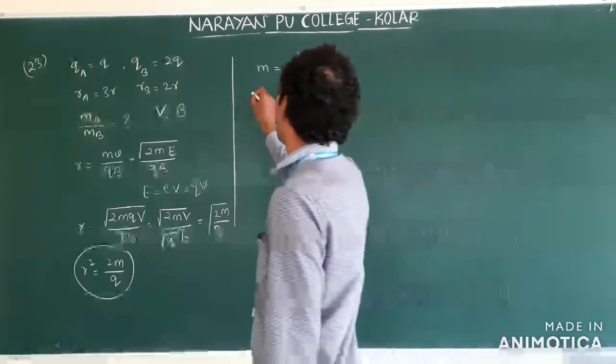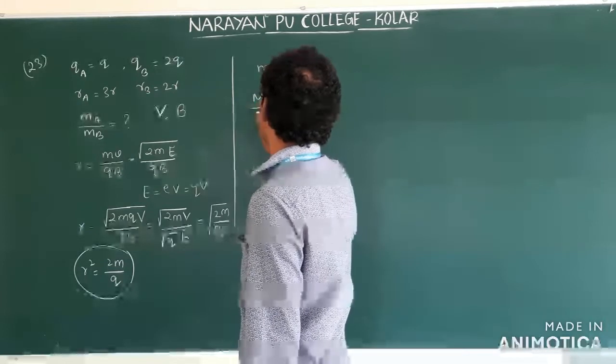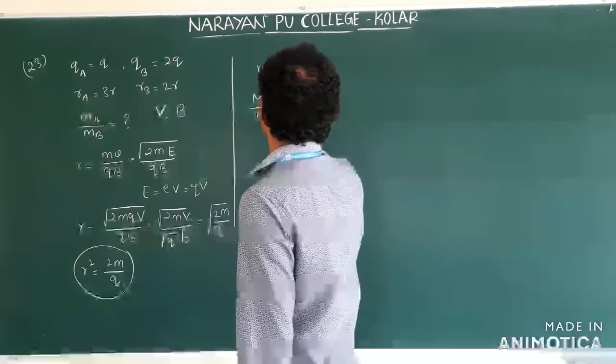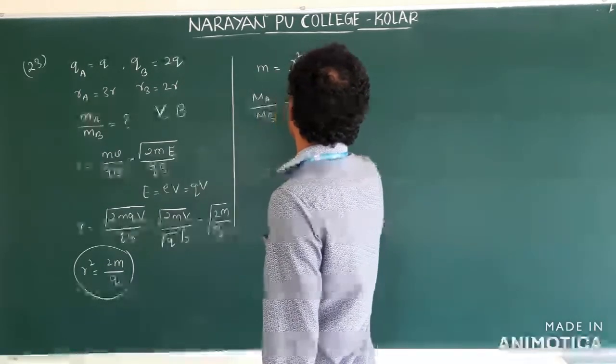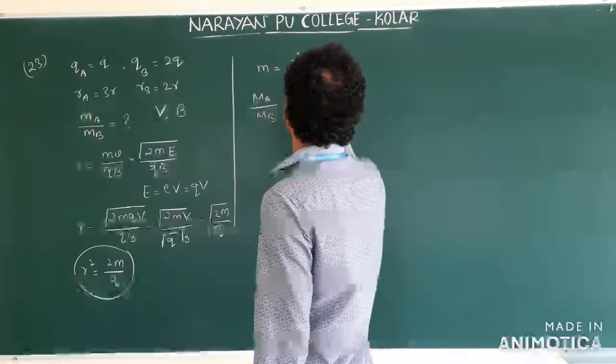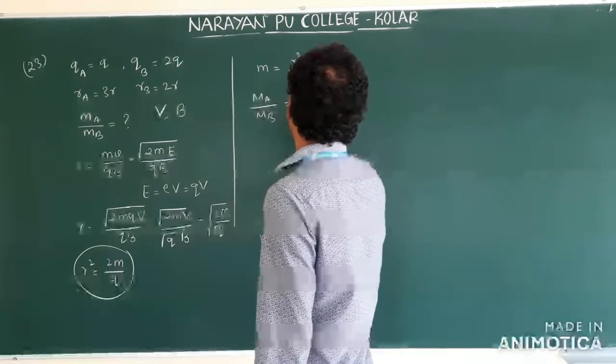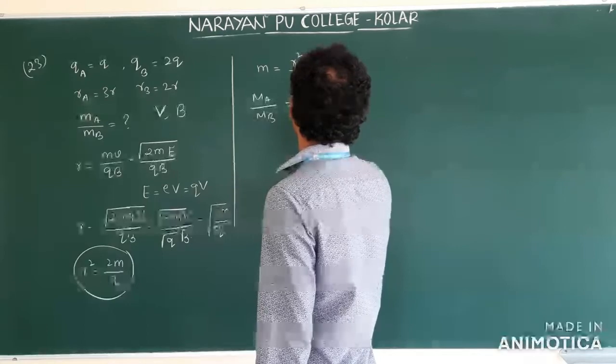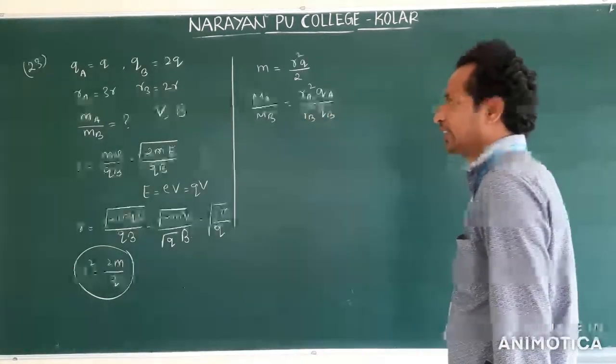Correct? Then mA by mB, how do we write? rA square qA by rB square qB. 2 will be cancelled.